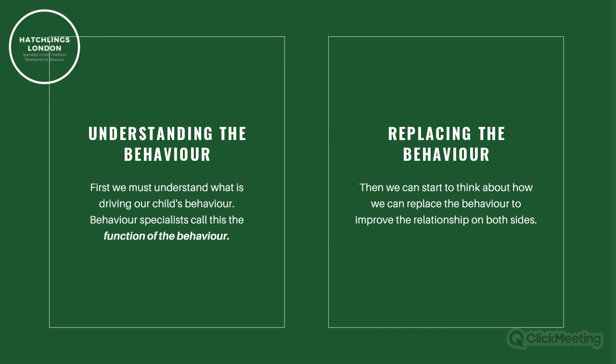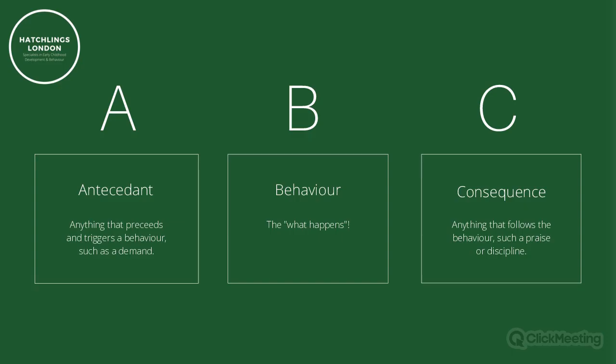When we are working out the why of behaviour, and we covered this in detail last week, we look at the ABC of a behaviour: the antecedent, the behaviour, and the consequence. When we look at these 3 components in a chain, we can really start to pick apart why a behaviour happens. The antecedent is anything that precedes the behaviour.